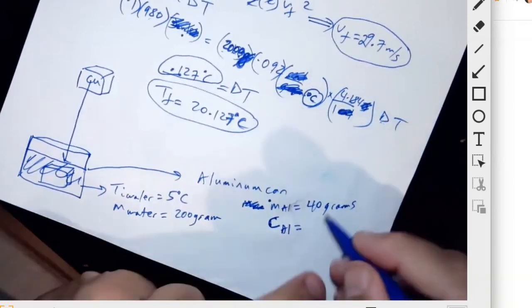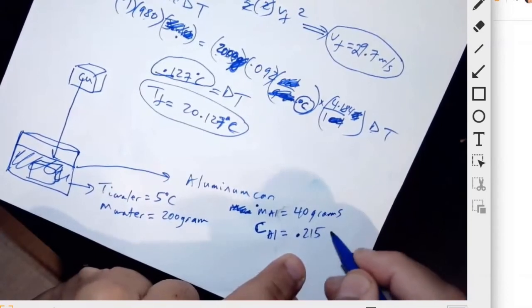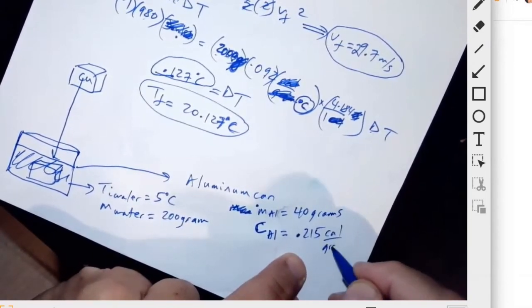I believe the specific heat of aluminum is one that I've memorized: 0.215 calories per gram.